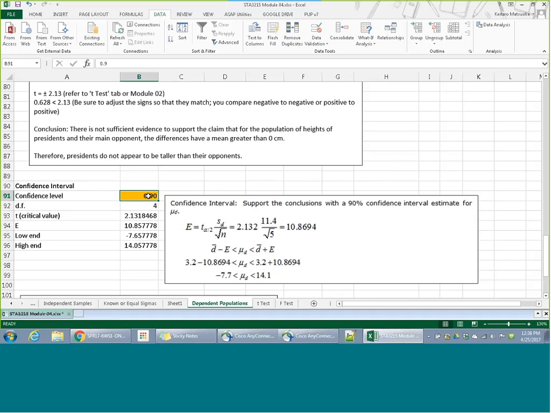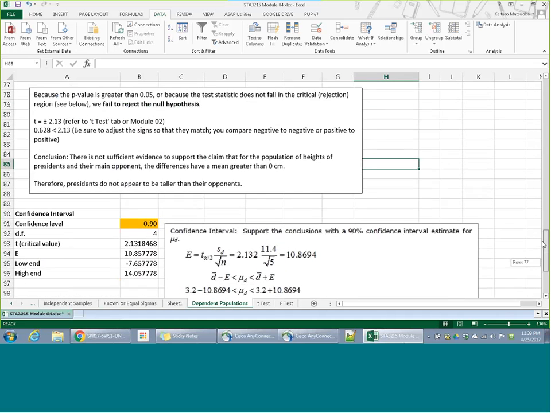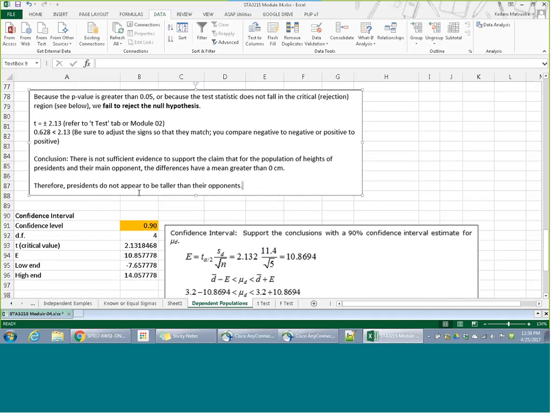Once you have this, this will calculate critical value, margin of error, and then the confidence interval, which in this case, the confidence interval does contain 0. That implies a difference could be, and it most likely is 0. So again, it matches the conclusion we had above here, which is that the presidents are not necessarily taller than the opponents.